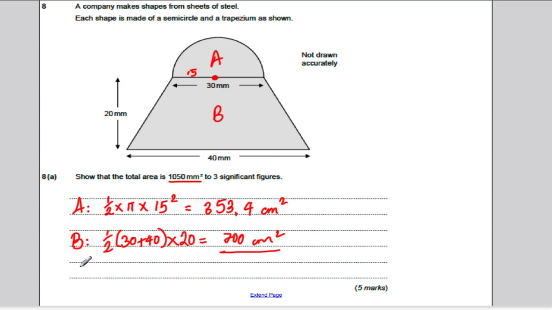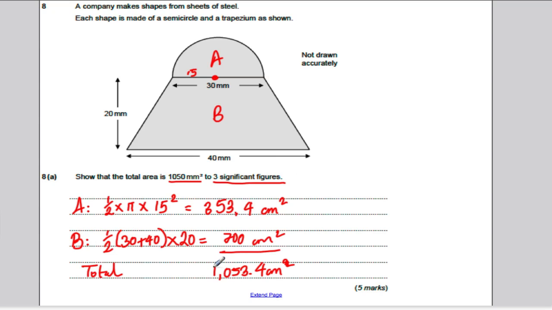So the total area must be these two things added together, and I get myself 1053.4 centimeters squared.